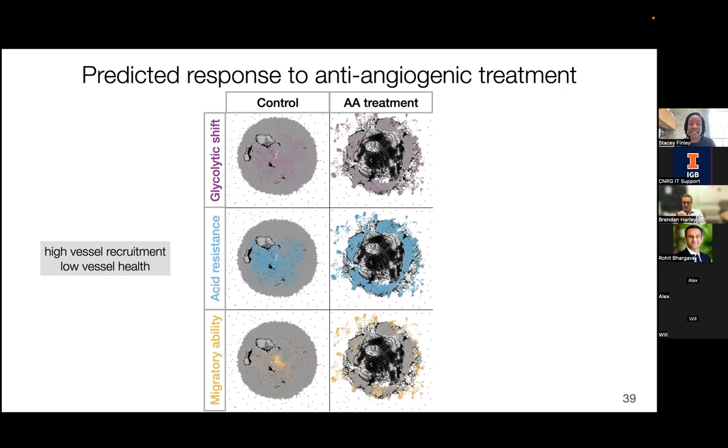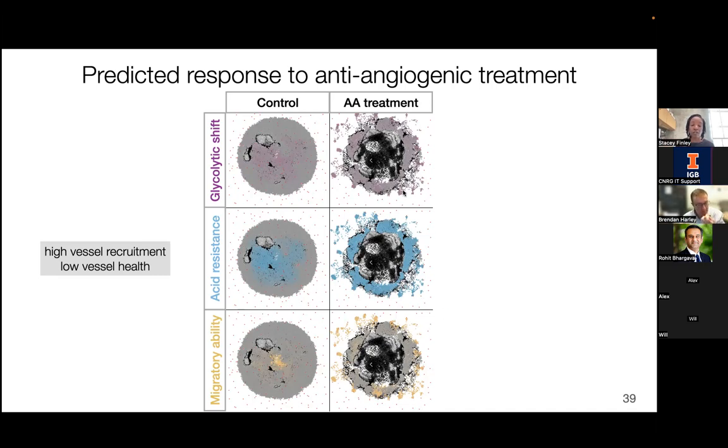But it has this side effect of making the cells evolve into having greater reliance on glycolysis and greater acid resistance and a higher migratory ability. And this has also been seen in preclinical models where the effect of the anti-angiogenic treatment can have this counterintuitive impact to actually have more aggressive and larger tumors, and cells that have greater migratory ability as well.